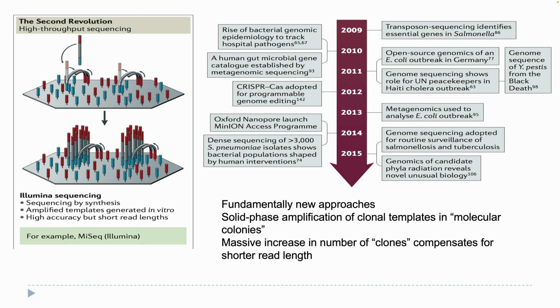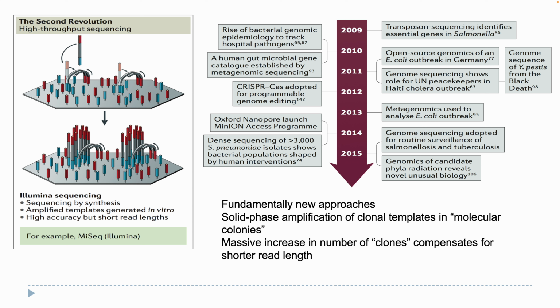And so, as I say, fundamentally new approaches, this solid phase amplification of clonal templates in molecular colonies, and a massive increase in the number of clones that you get, if you like, the number of sequences you get from these sequencing reactions. The drawback was that the read lengths you get are somewhat shorter, initially quite a lot shorter than you got with traditional Sanger sequencing.